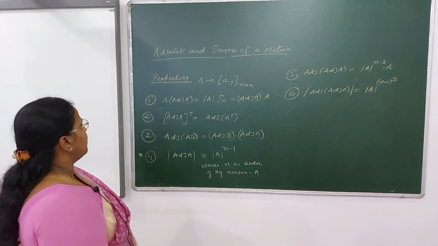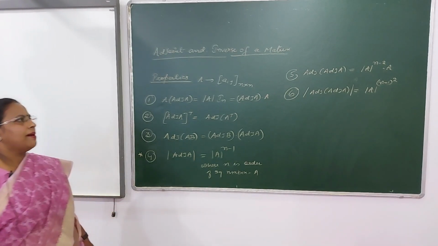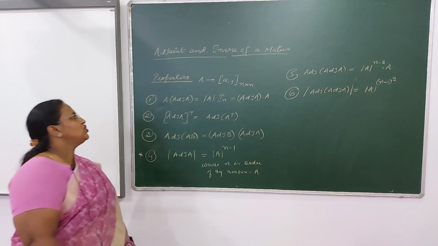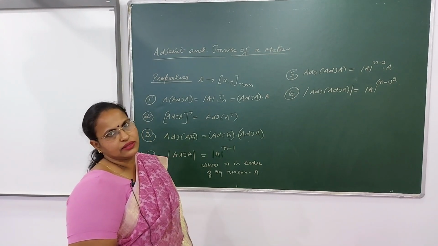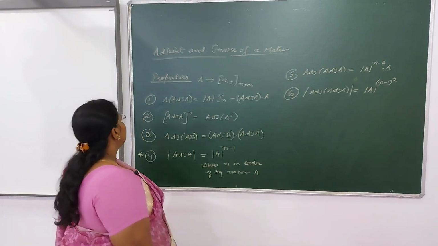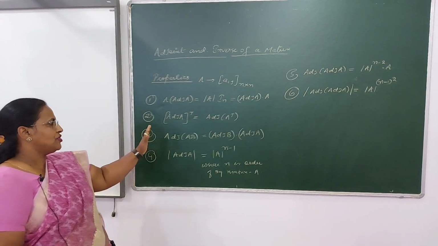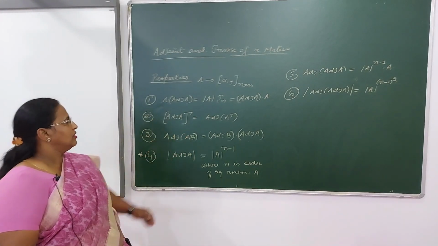So all these are important properties based on the adjoint of a given square matrix A. Now, we'll do the questions based on this later on.